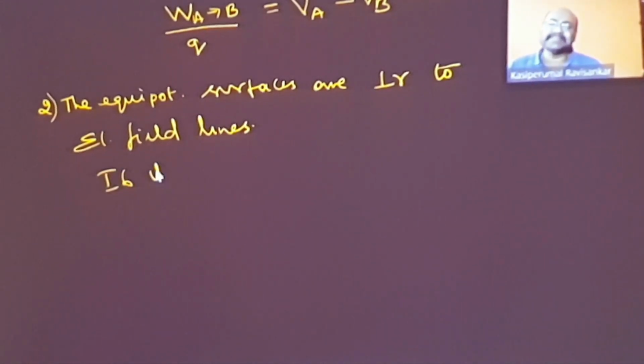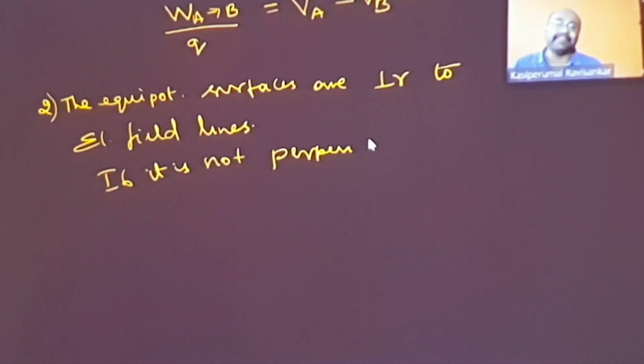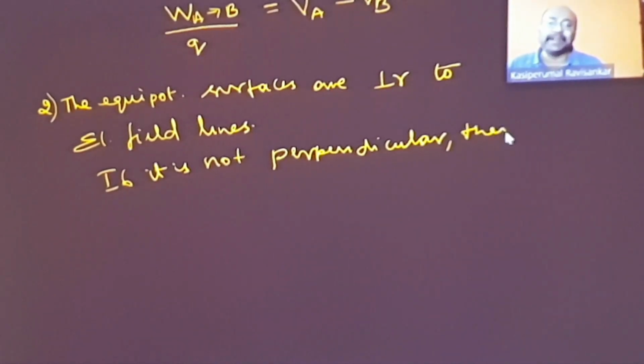If it is not perpendicular, what will happen? Let us consider it in a contradictory way. If the electric lines of force are not perpendicular to equipotential surfaces, then we have to consider the parallel component.